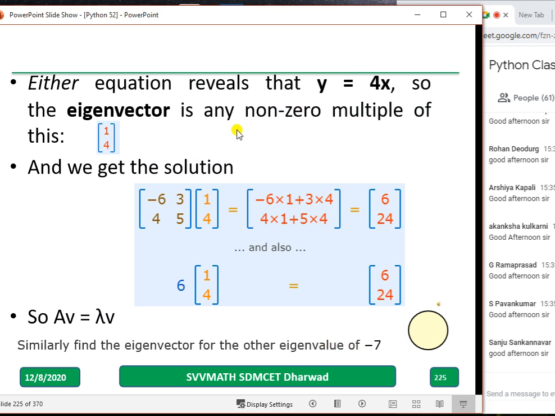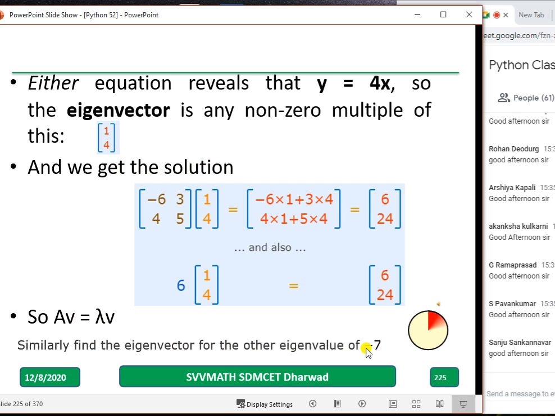Either equation reveals that y equal to 4x. So the eigenvectors are any non-zero multiple of this, 1 and 4, and we get the solution this. And so AV equal to lambda V. Similarly, we can do it for minus 7 also.